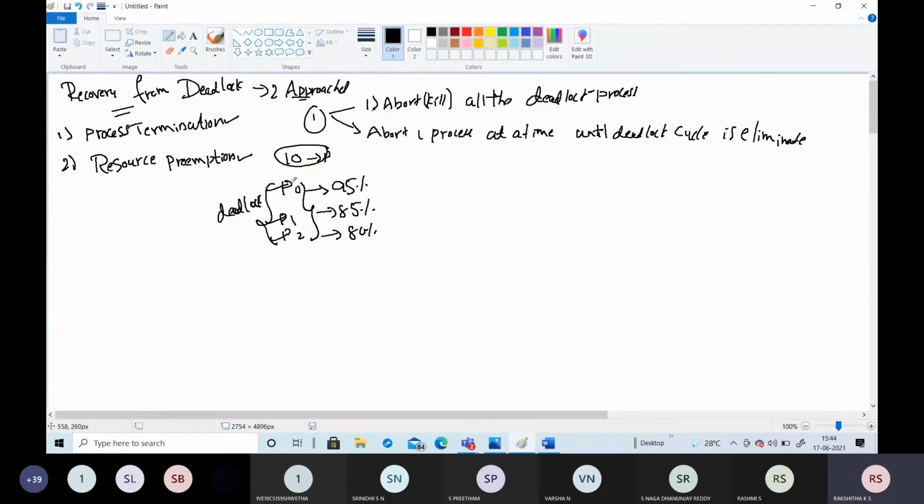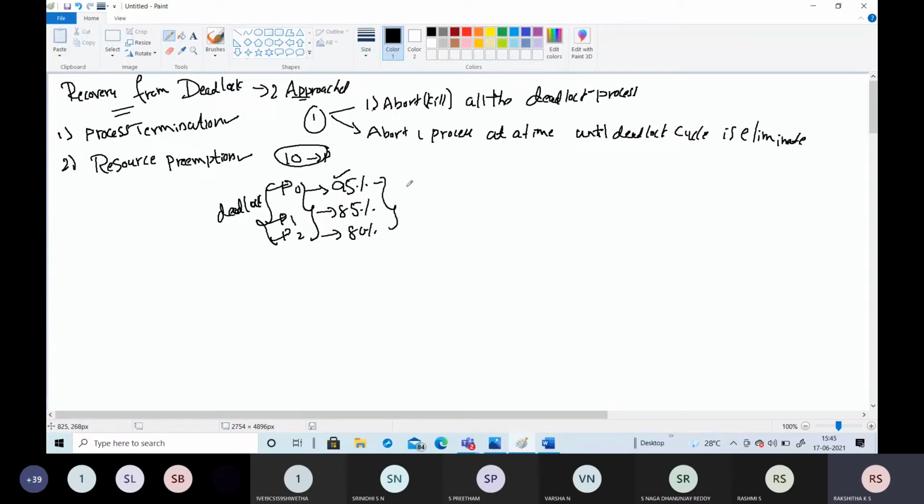If I am killing P0, P1 and P2, they have already completed much of their execution: P0 95%, P1 85%, and P2 80%.